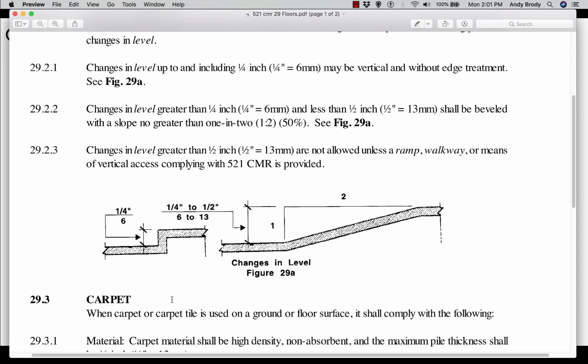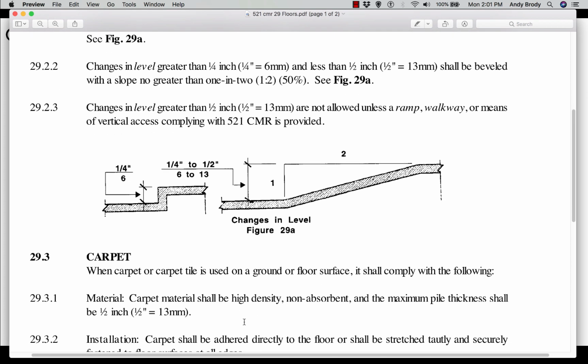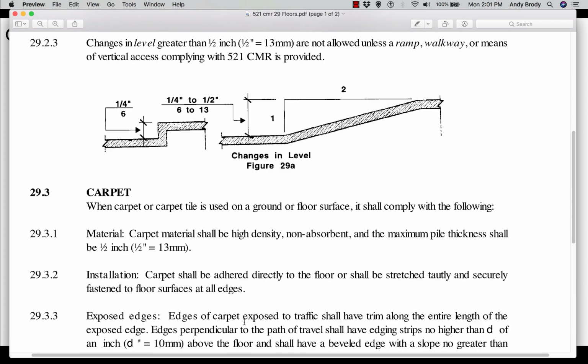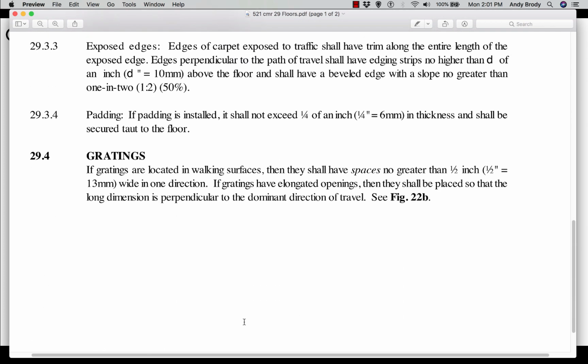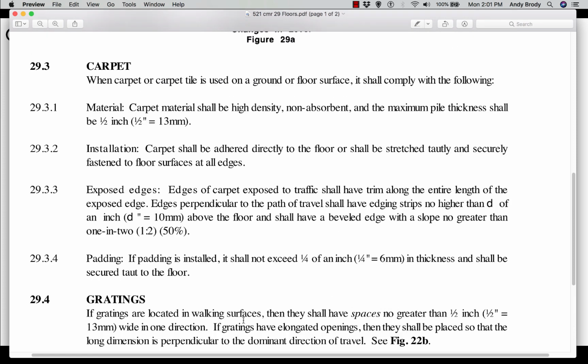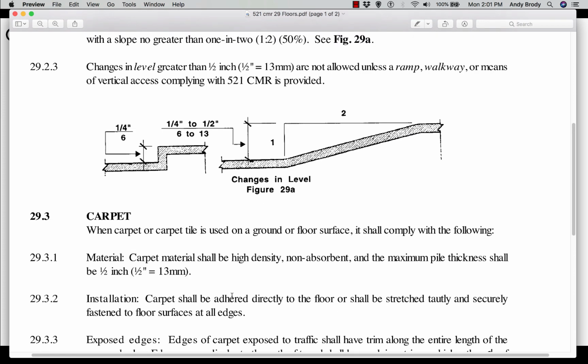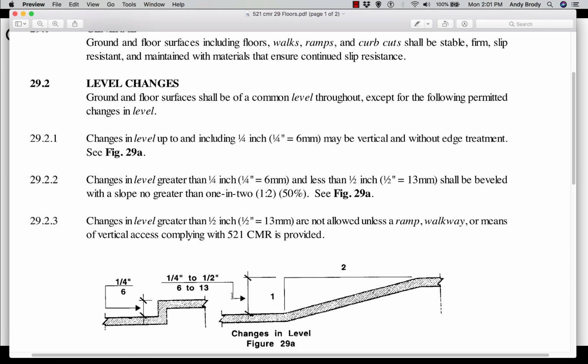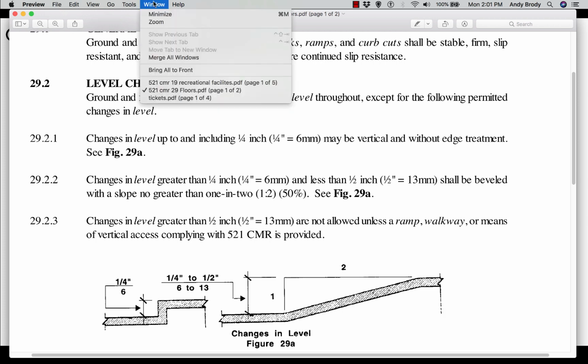If you have carpet in your project, it has to comply with the following. If you don't have carpet, you don't need to worry about that, right? But if you do, you need to consider that. Gratings, we might have gratings, right? Because of drainage, depending on the type of project you're going to have, and how you articulate your design. So anyway, absolutely check to make sure there's anything that might apply to you.